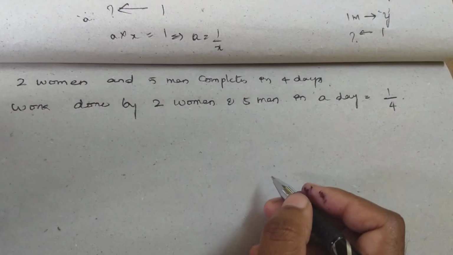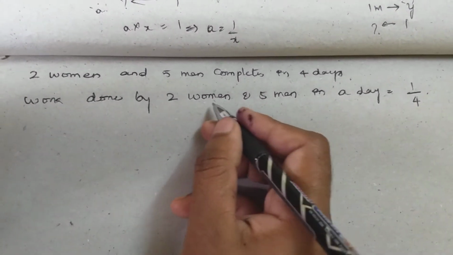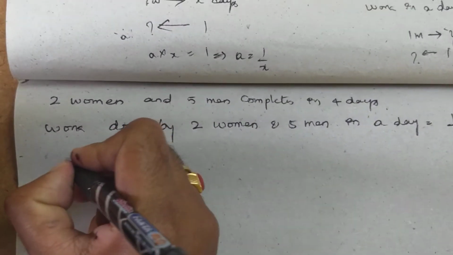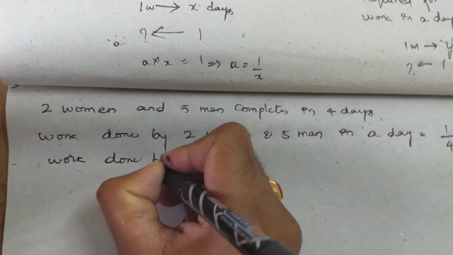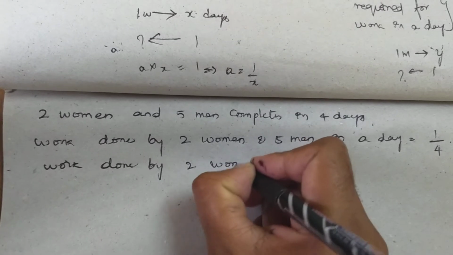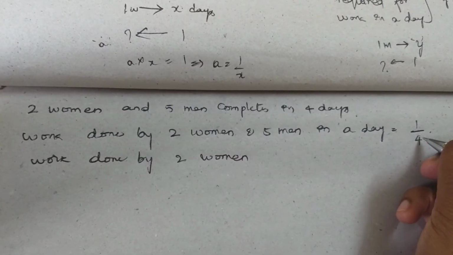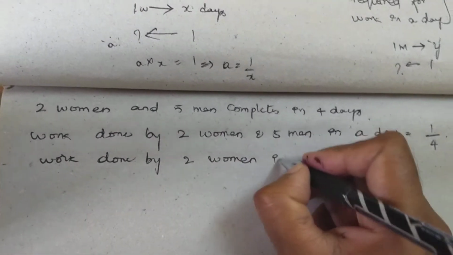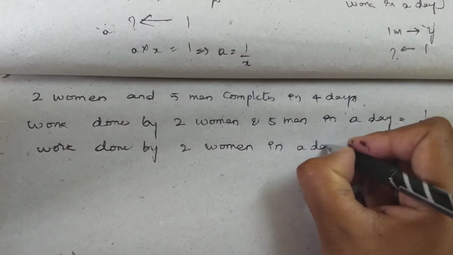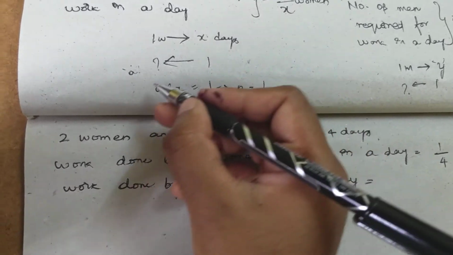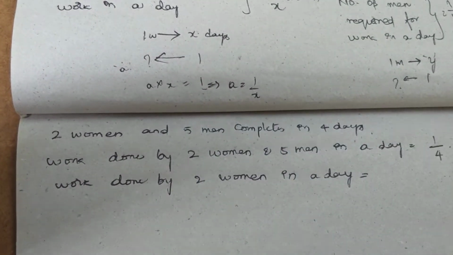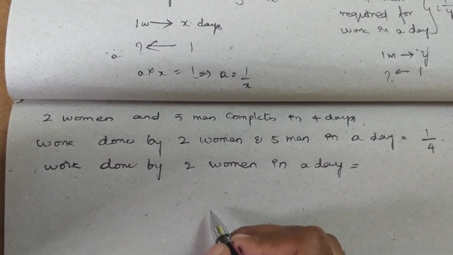After that, work done by 2 women in a day. So what did we calculate? For 1 day, how many women are required? 1 by X women.